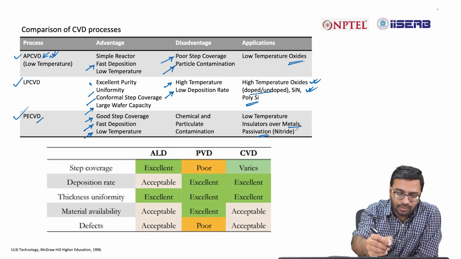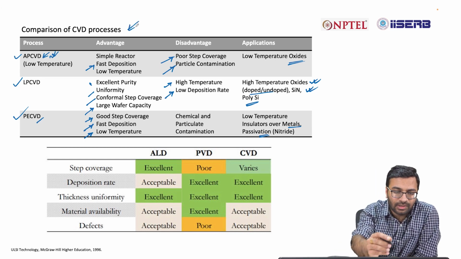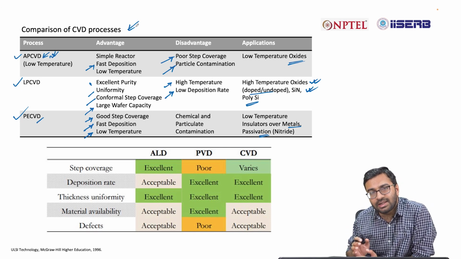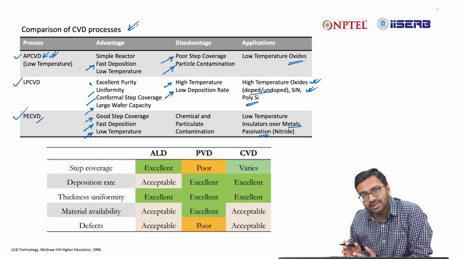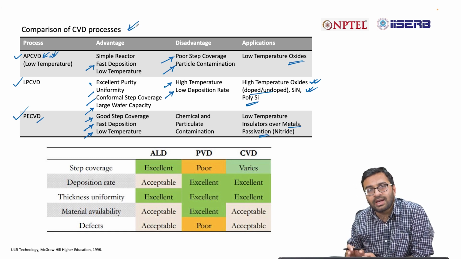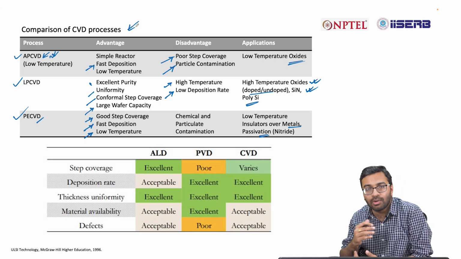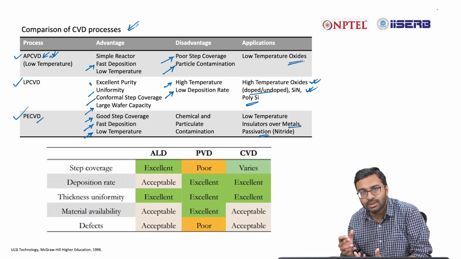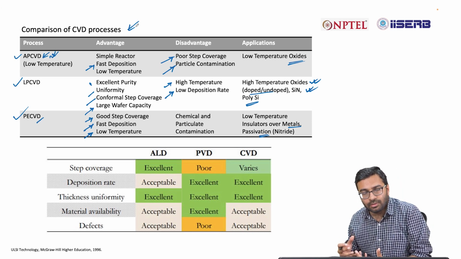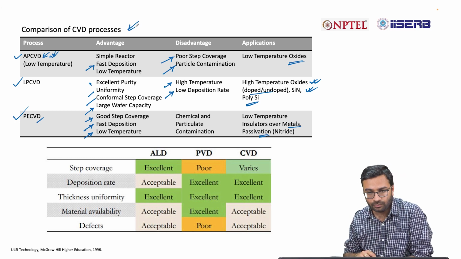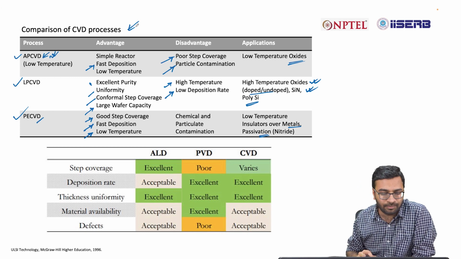This is a kind of comparative study between different CVD processes. So some has certain advantages, some disadvantages. So based on that you decide which process to use for deposition while you are interested in a CVD process or CVD deposition for a device or sensor fabrication.